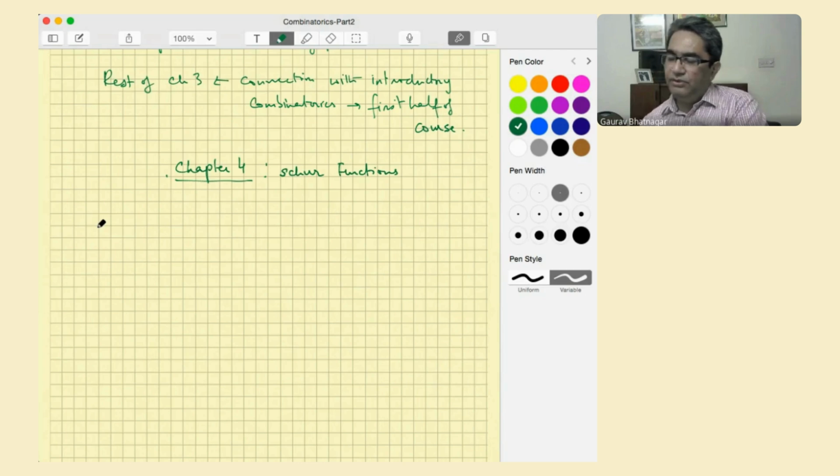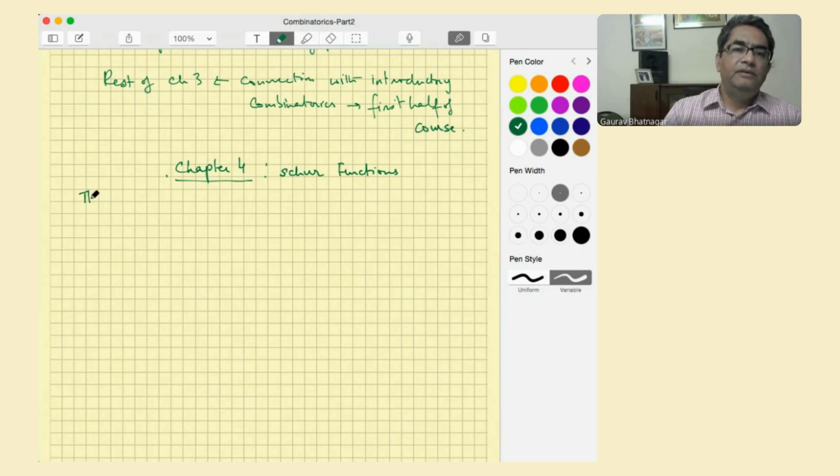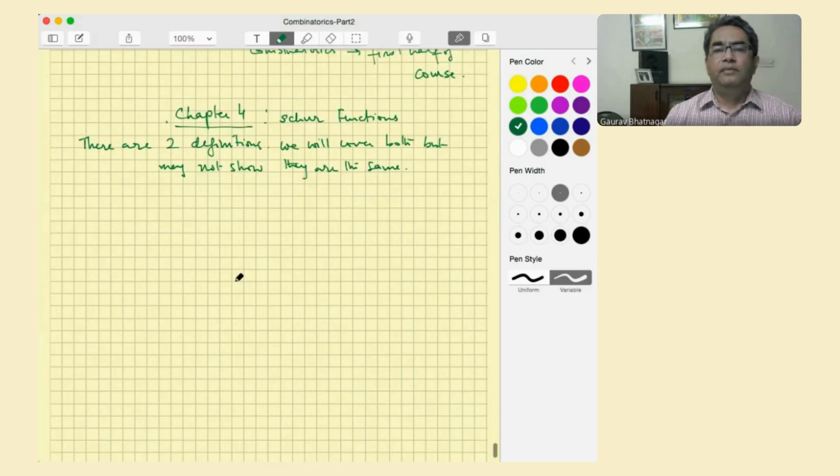At least we should know the definitions. So, in fact, there are two definitions, and we will cover both, but may not show they are same.